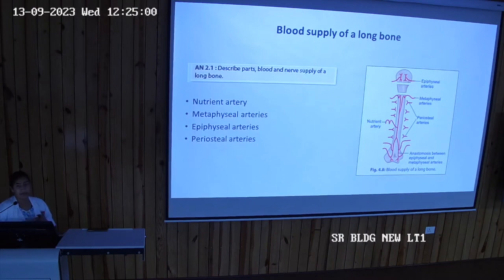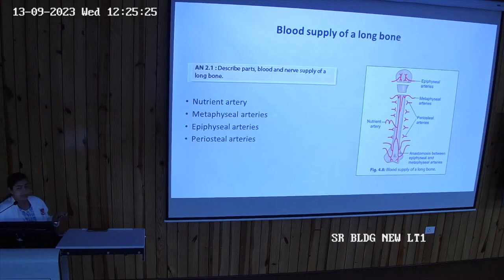This is a peculiar point about the metaphyseal arteries: they form a hairpin loop and they are end arteries. Any end arteries present in the bone are in the region where the metaphysis is present. If they are end arteries, they are more prone to infection. So this area, the metaphyseal arteries, is prone to infection.